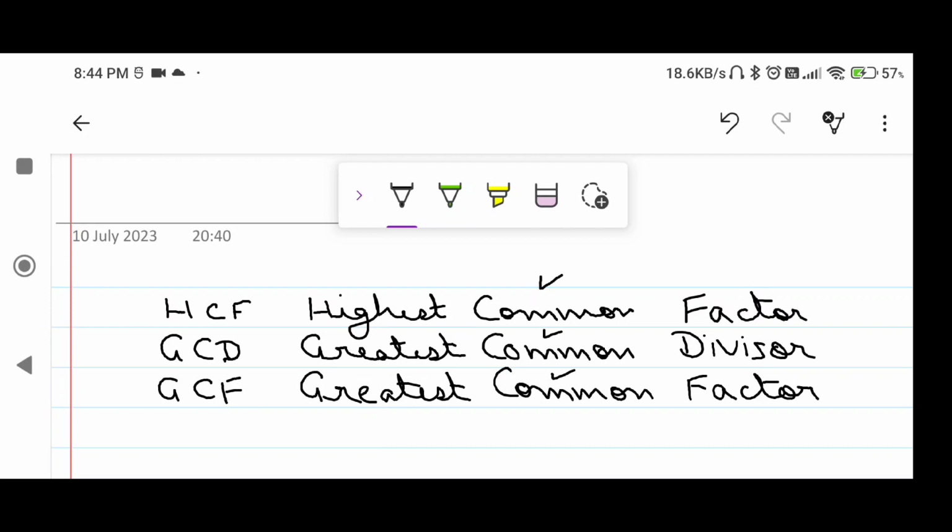So here we have to find out a factor which is common in the factors of the given numbers, and that greatest number which is common in the factors of the given numbers will be called the highest common factor, or the greatest common divisor, or the greatest common factor of the given numbers.